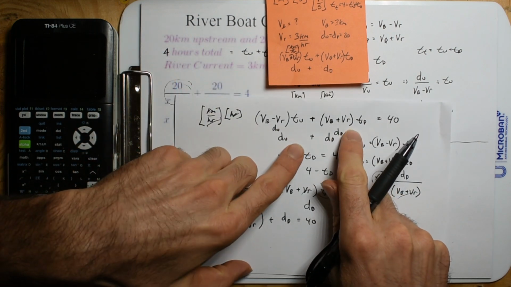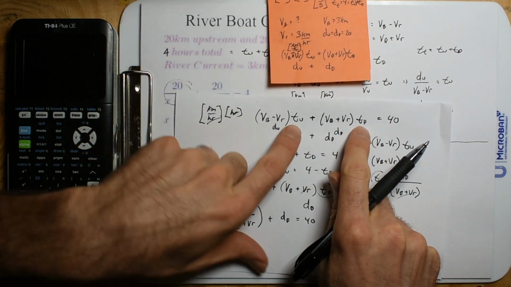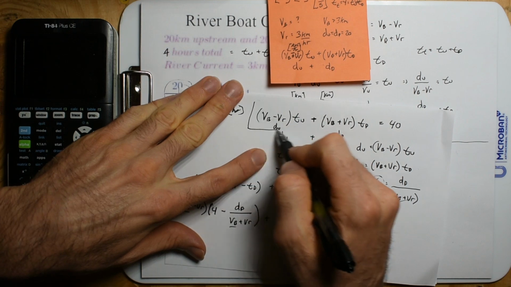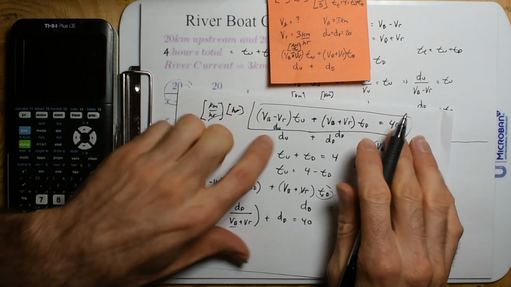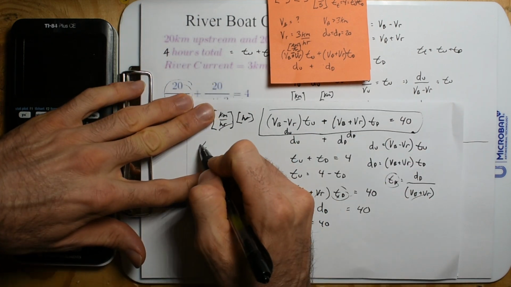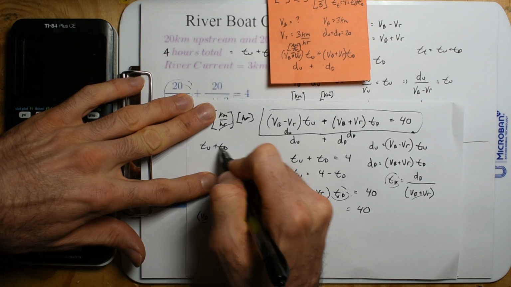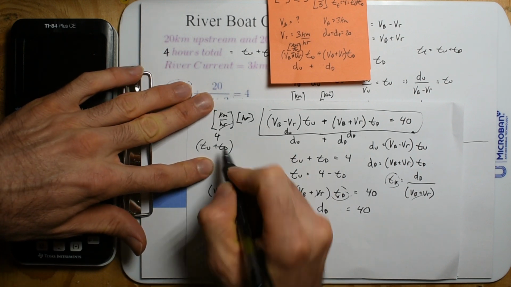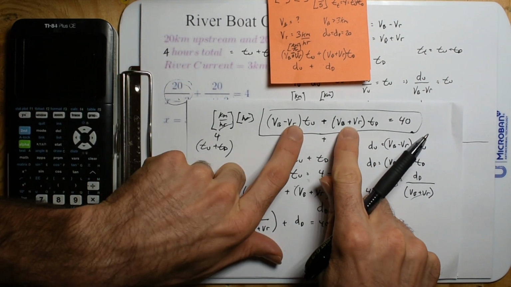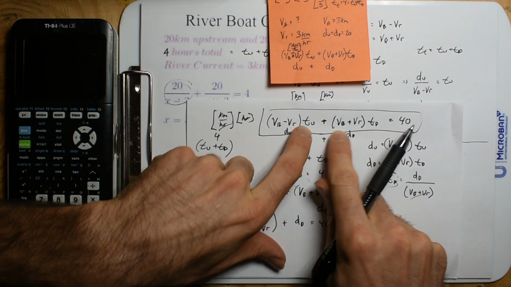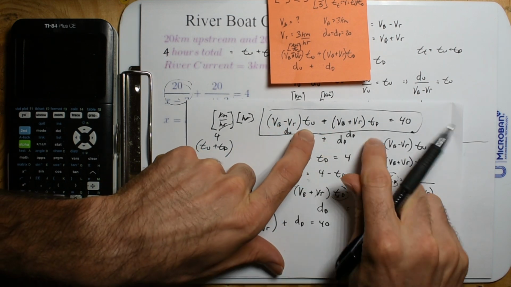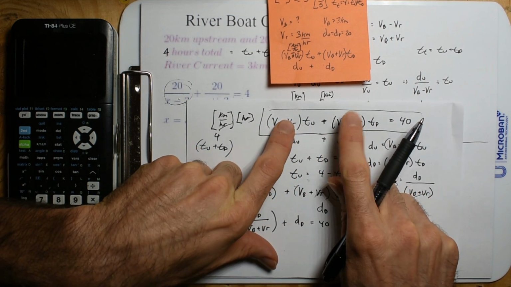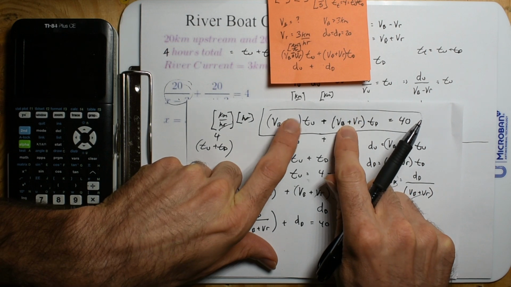What we could have done is, we really wanted to factor out a TU plus TD. If we did get it to this, I really want to factor out a TU plus TD, and I know that that's going to be equal to 4. But the only way to factor that out is to make these two things equal to each other.